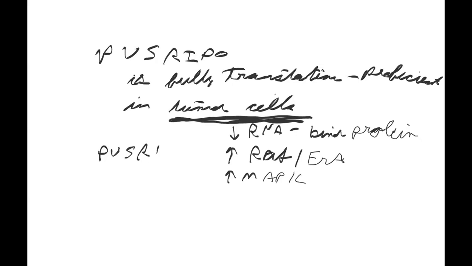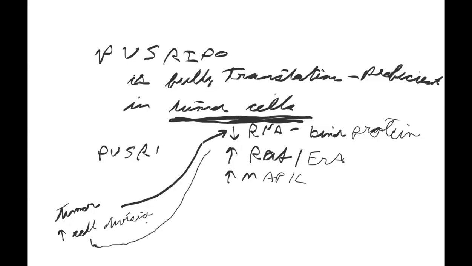Now, the reason why there's a decrease in RNA binding proteins is that you got to remember a tumor cell increases cell division. So because it's increasing cell division, it has mechanisms in place to inhibit the RNA binding proteins, so they'll go down. When cell division is happening, you want to bring down the RNA binding proteins, because these RNA binding proteins are inhibitory for protein synthesis.